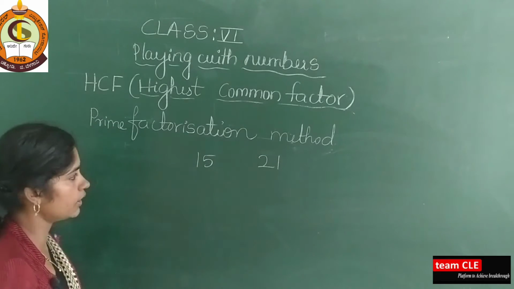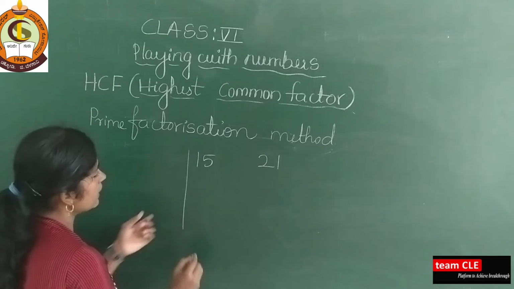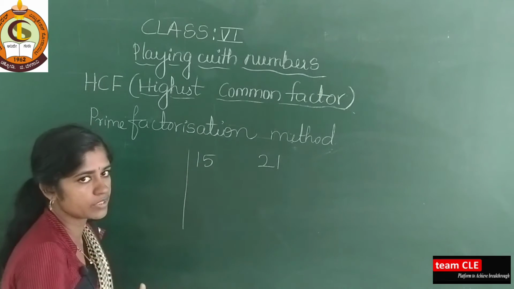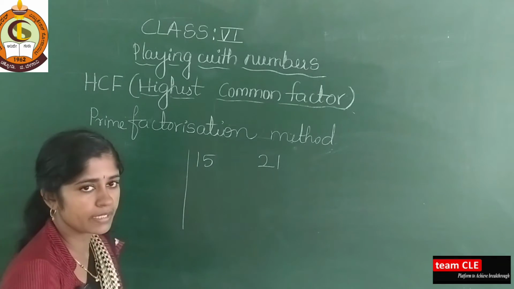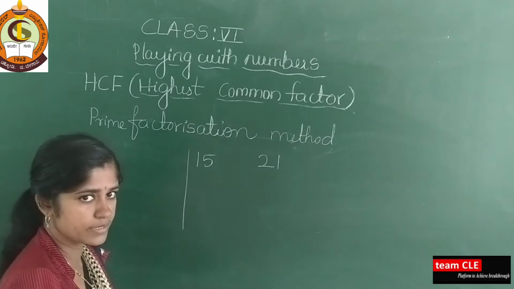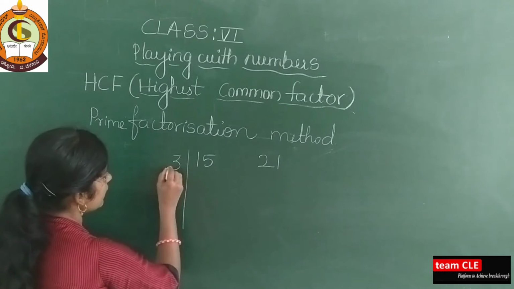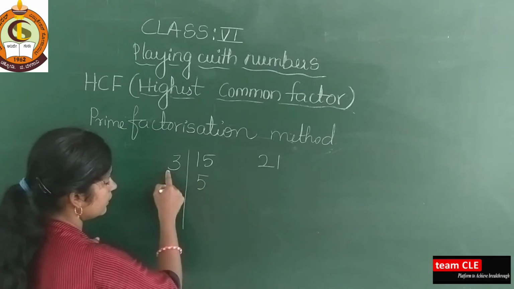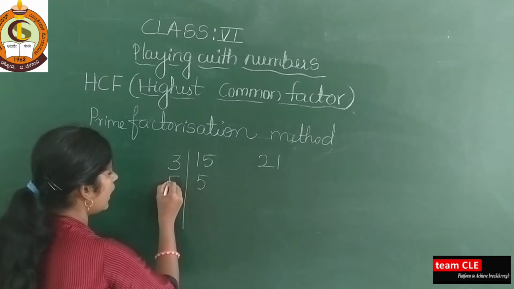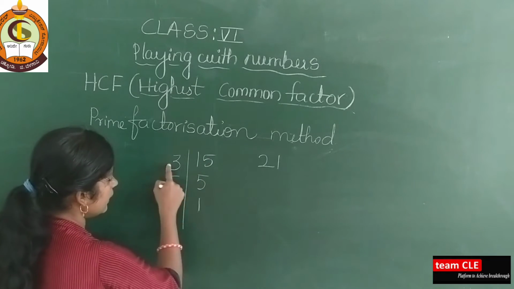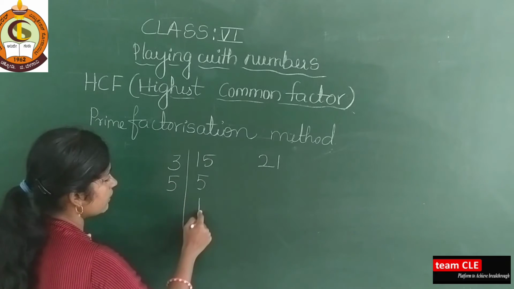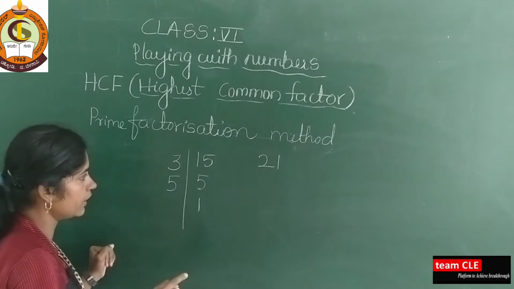Divide this number. 15 is there in which table? Yes, that is there in 3 ones table, isn't it? So take here 3 5s are 15, again you take 5 1s are 5. So stop it here.